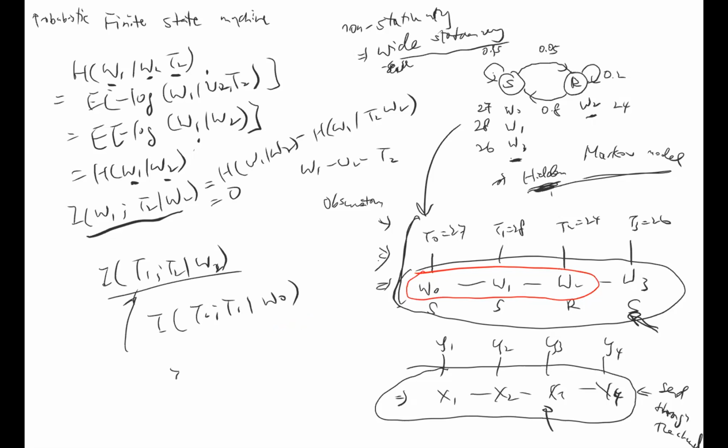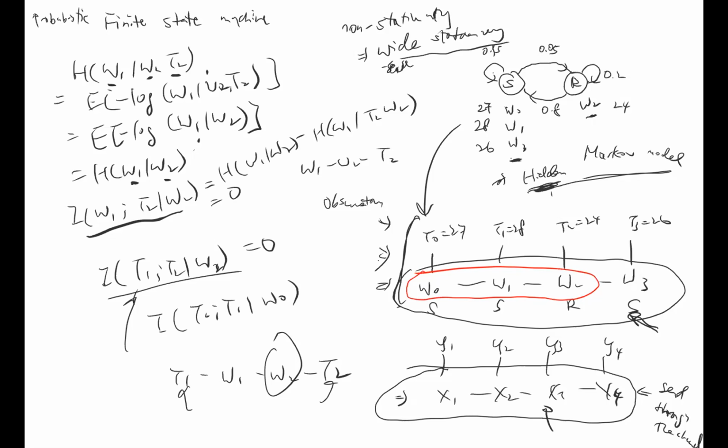I have a Markov chain T1, W1, W2, T2 there. And since I have a Markov chain like that, if I'm given W2 here, this and this will be conditionally independent. So therefore, I can quite right away know that this is equal to 0, just knowing the structure of these variables.